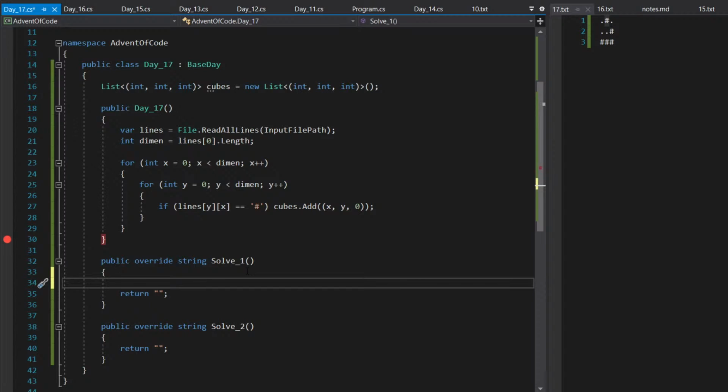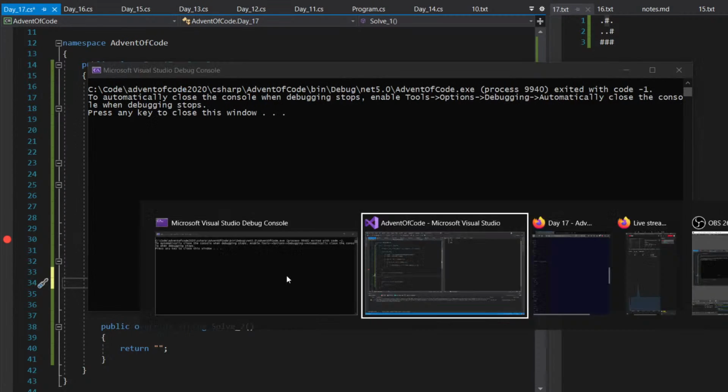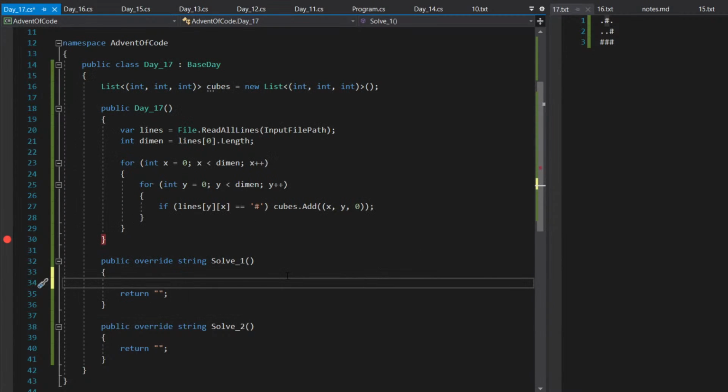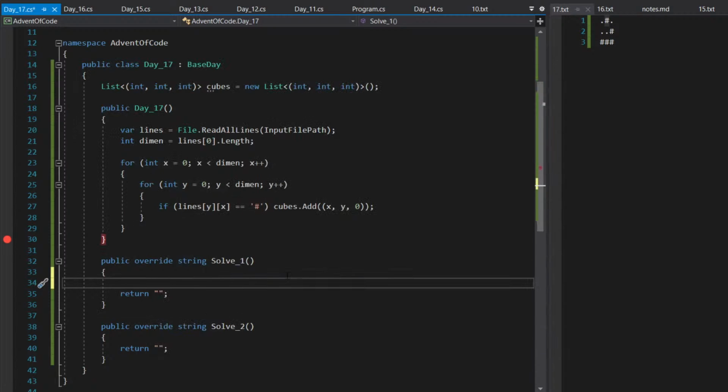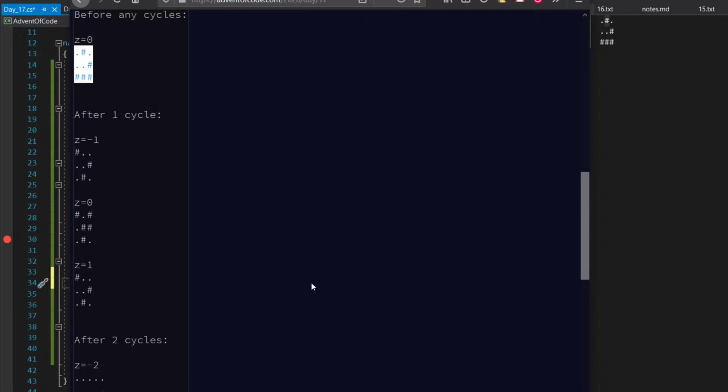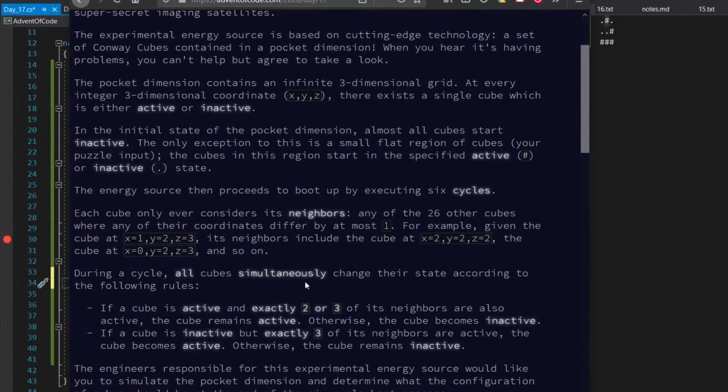So we're going to do something similar to what we did before, we're going to go through each one and create a new state. So our rules are, we need to consider the neighbors.